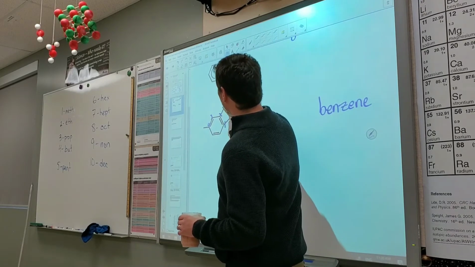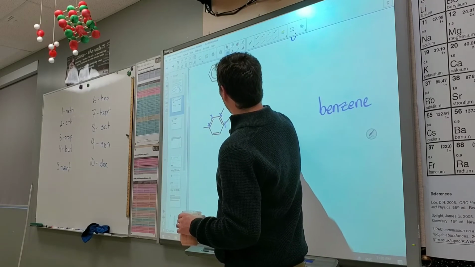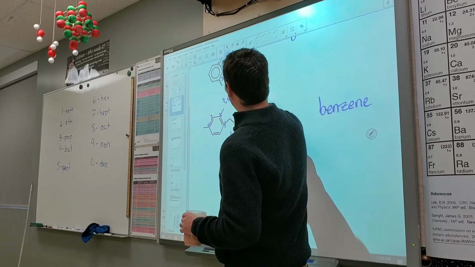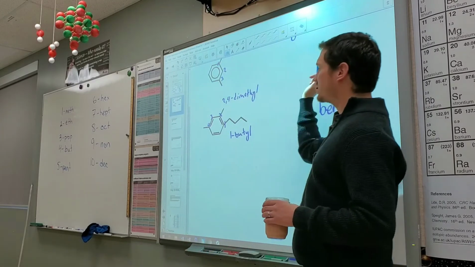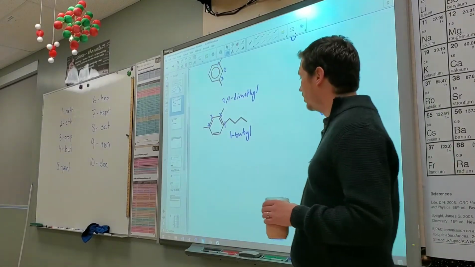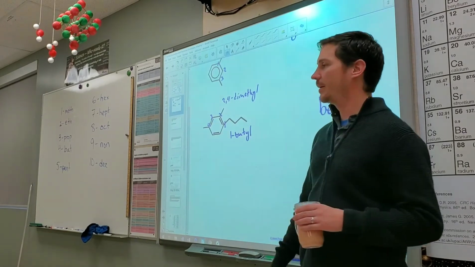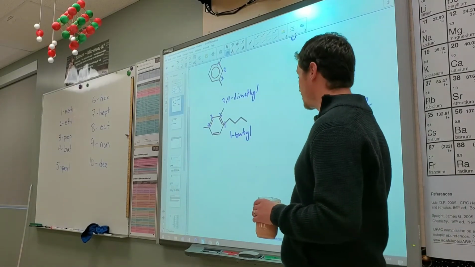So this is going to be 2,4-dimethyl, right? So what am I going to put first? Should I put the butyl or the dimethyl? Butyl. I should put the butyl first, right?